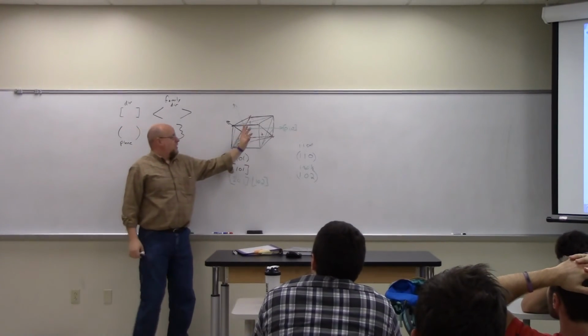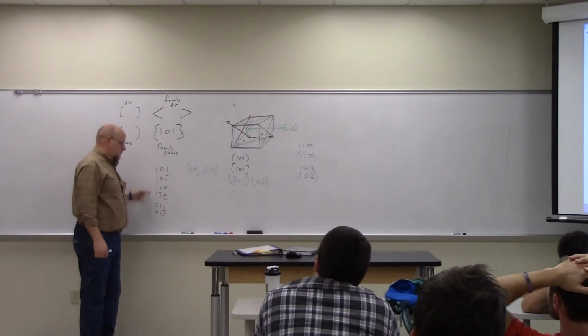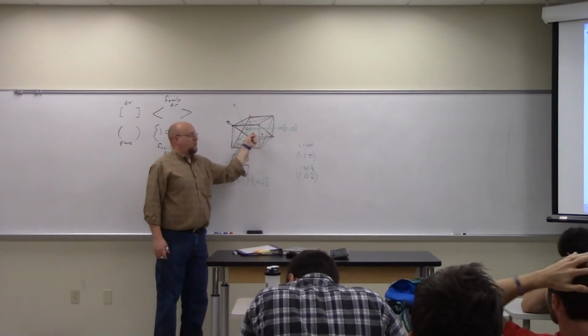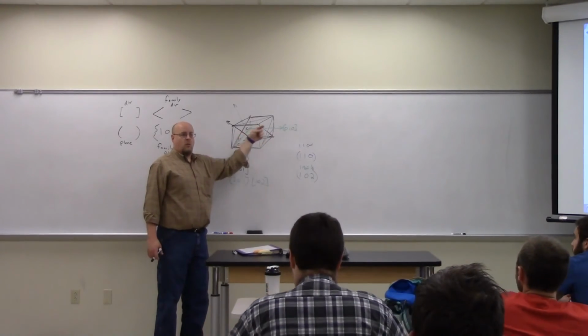And then, as I said, there are 6 of those, and they're defined by the direction, in this case B, where they cross.